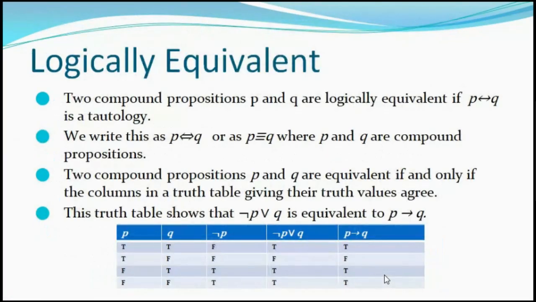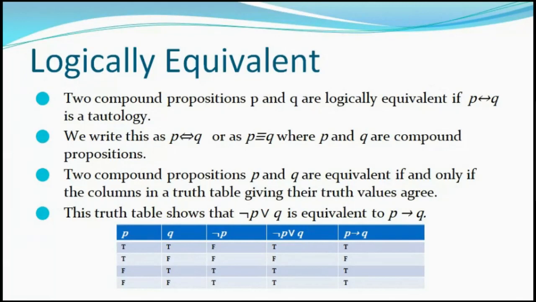So when can you say two propositions are logically equivalent? Two compound propositions P and Q are logically equivalent if P bidirectional implies Q is a tautology. That means P is true exactly when Q is true, always. We write this as P is equivalent to Q, where P and Q are compound propositions.